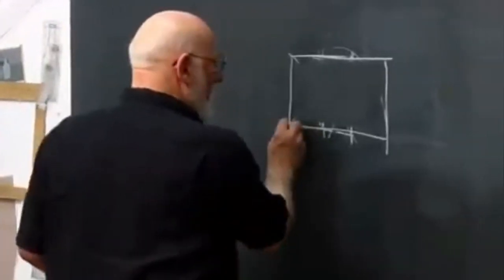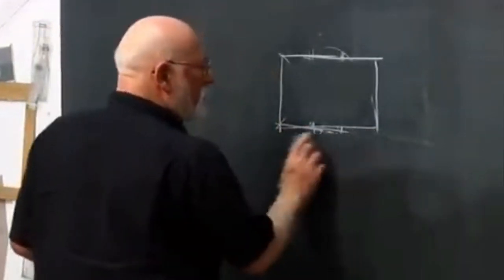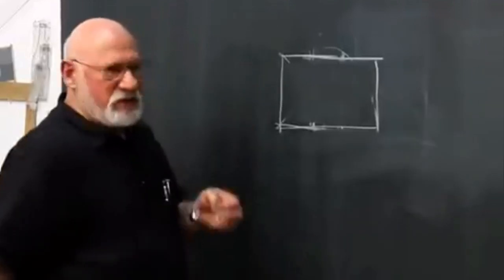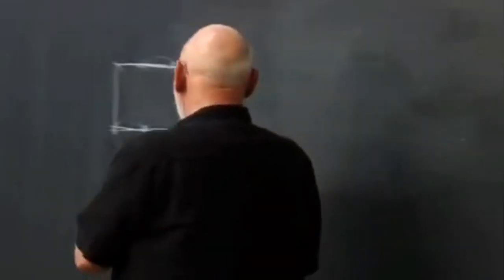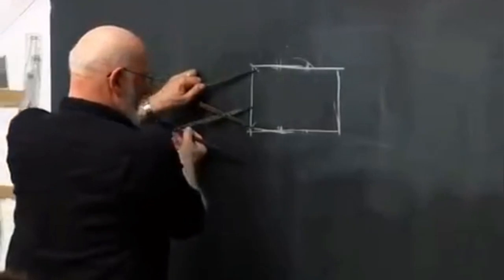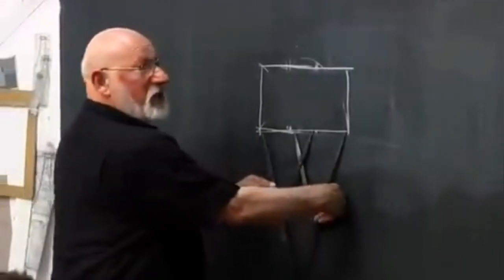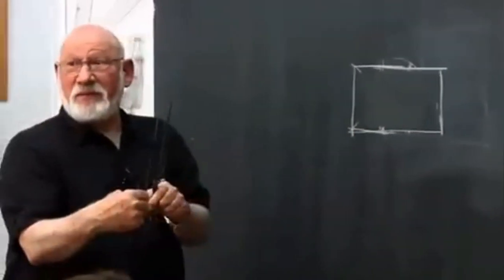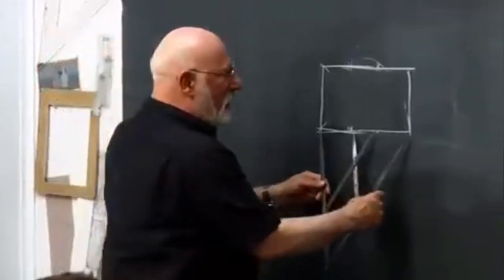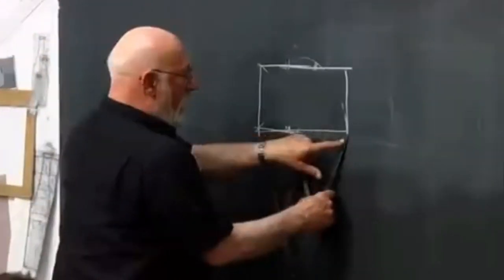I'm going to draw everything slightly distorted because I want to stay out of your way so you can see what I'm doing. These calipers are calibrated on the ratio of the whirling squares. And if I open this up this way, that pretty much gives us the square and the ratio.